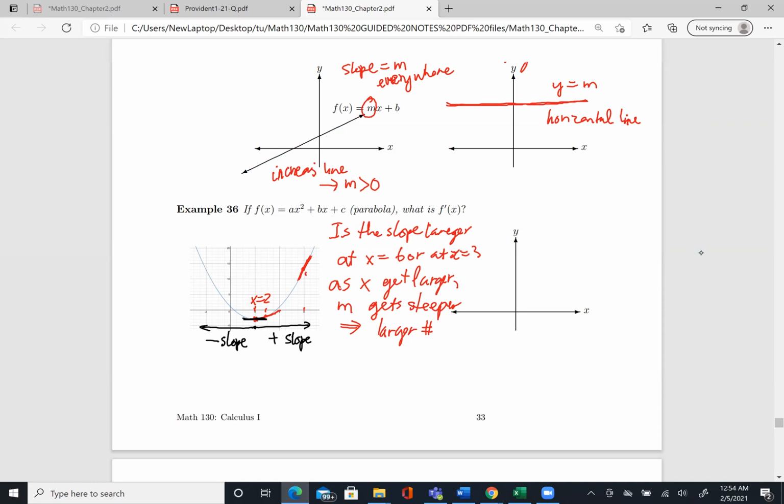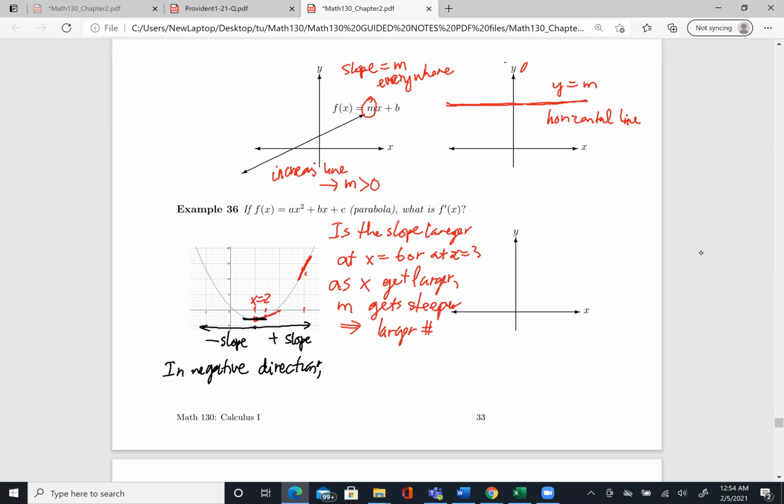So in the negative direction, the slope is more negative.